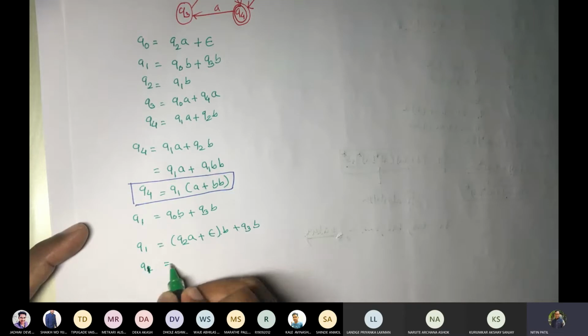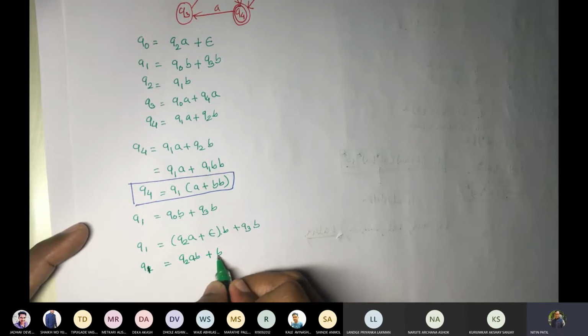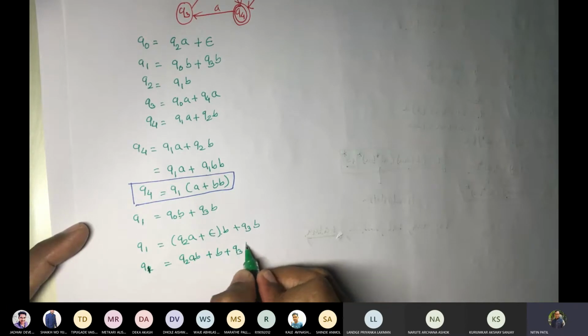Plus Q3B. Is that okay? So this is for Q1. So for Q1 continued: Q2AB plus B plus Q3B. Now let us write again, simplify this. Q1 is equal to, we know Q2, Q2 is Q1B, AB plus B plus Q3B.